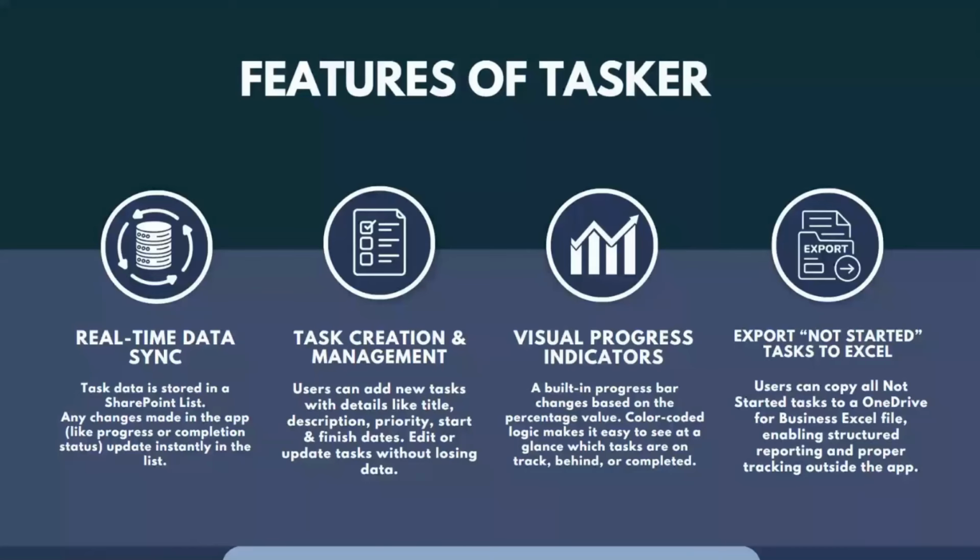We can also edit and update our task. Then we have a visual progress indicator where we can see what percentage of the task we have completed. And finally, we can export the not started tasks to our OneDrive for Business Excel file, which enables structured reporting and proper tracking outside the app.